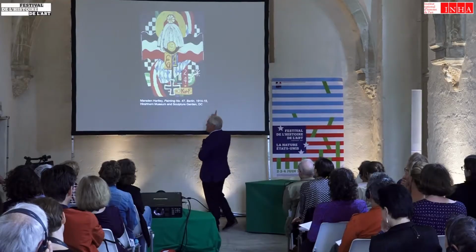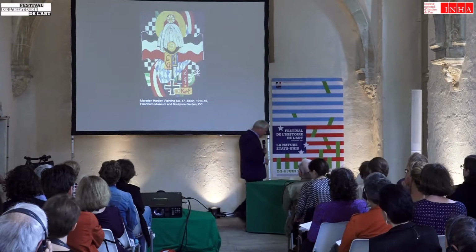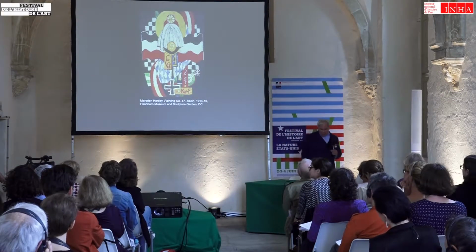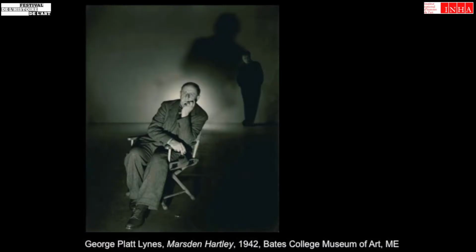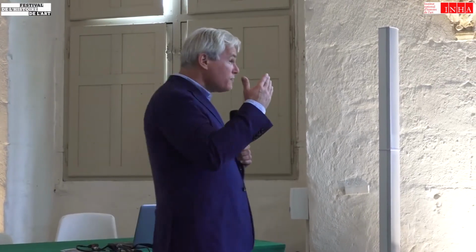A classic Renaissance and earlier move, and he's even got a halo on the top of the man's head. Now, I said that art historians didn't recognize this, but clearly other artists did, because in 1942, this man, George Platt Lynes, one of the great photographers in America, a man who at the age of 18 was a member of Gertrude Stein's Salon, by the age of 20 had opened a bookstore, by the age of 26 was editor of American Vogue.